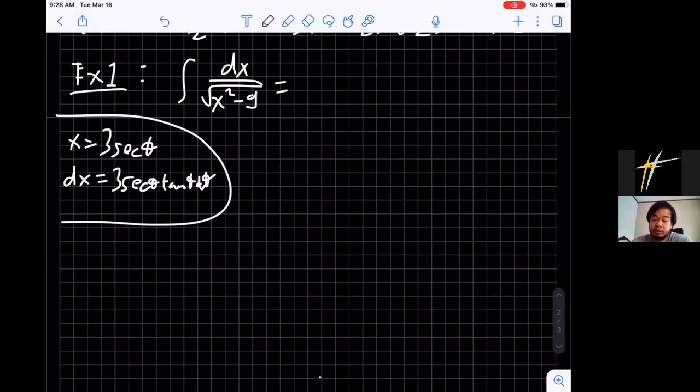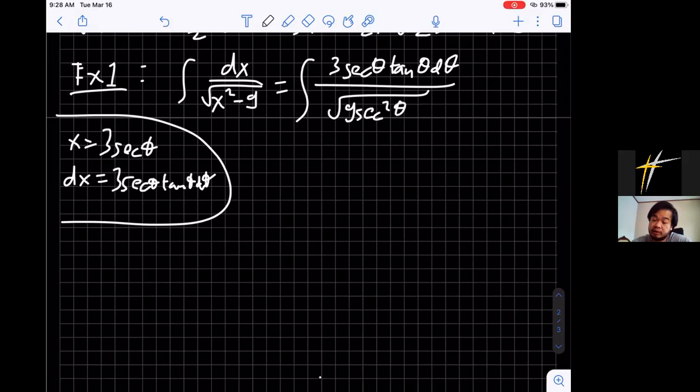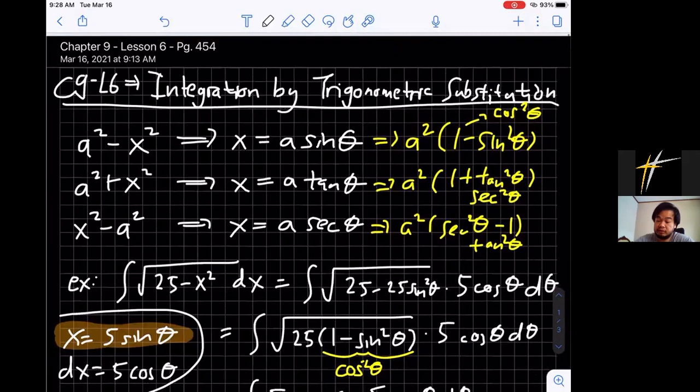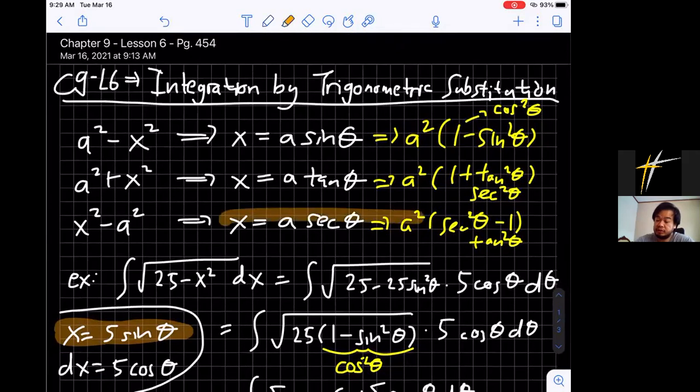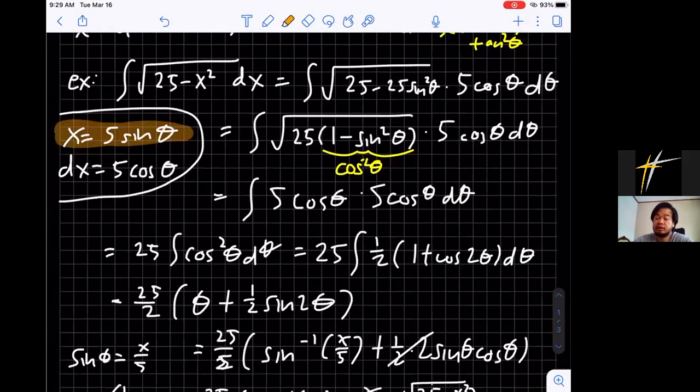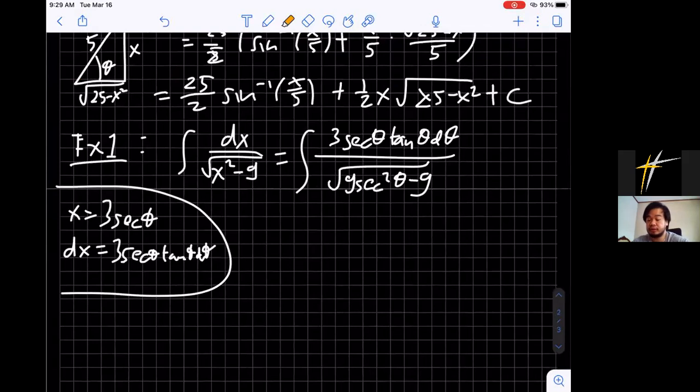So this will be 3 secant theta tangent theta d theta over square root of 9 secant squared theta minus 9. Look, this one is basically this one, right? Yeah, so I hope you understand. And if you forget the assumption, you can think of the trigonometric function that should be used.